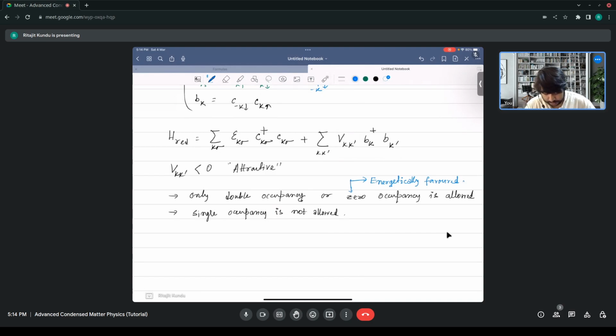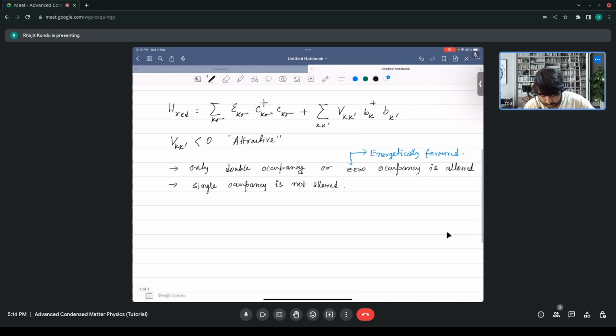So if that is the case, in any k state we can put either two particles or zero particles. Then it becomes clear that if you write nk up plus nk down, this actually becomes something like 2 bk dagger bk.